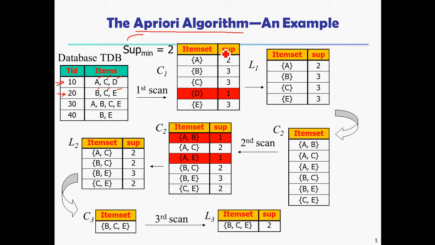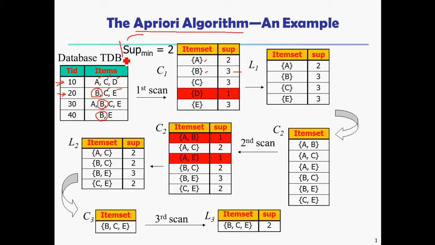Support means how many baskets contain data item A, how many baskets contain data item B. For example, in this case, item B is contained in basket 20, basket 30, basket 40, and so on and so forth, right?